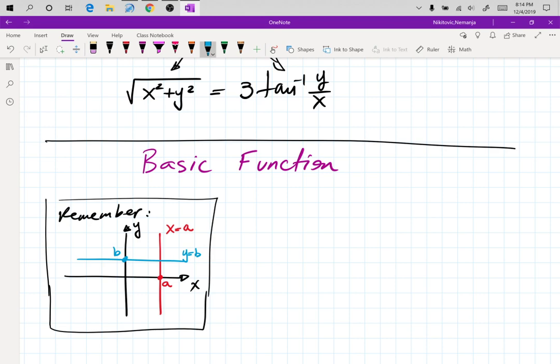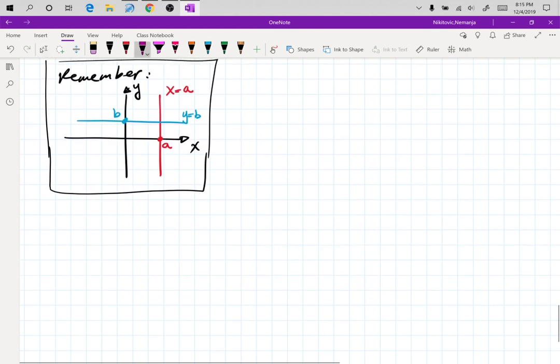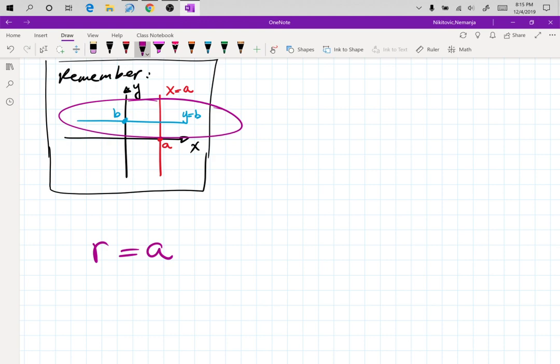So now the question is, what are the basic functions or lines or curves in polar coordinates? So clearly, one of them is going to be r equals a. So what is r equals a? Circle. Excellent. Please observe that, pick any line, blue or red. If you look at the blue line, do you see how equation y equals b does not mention x at all?